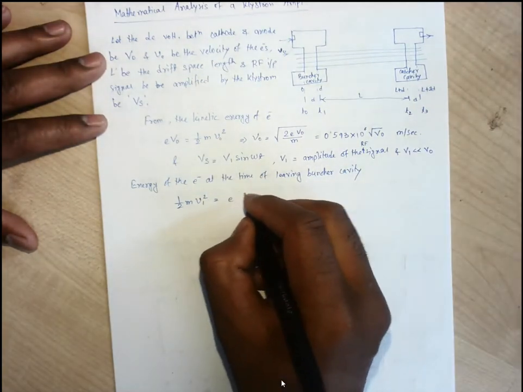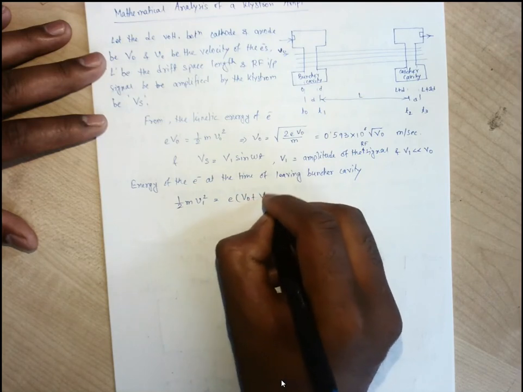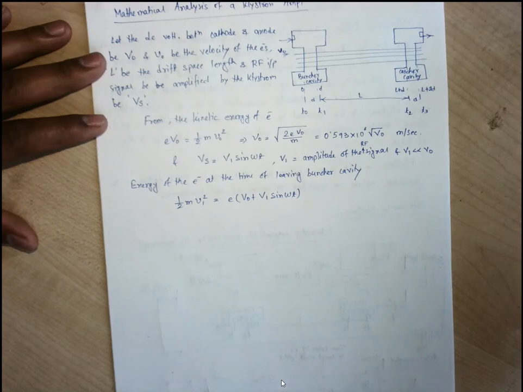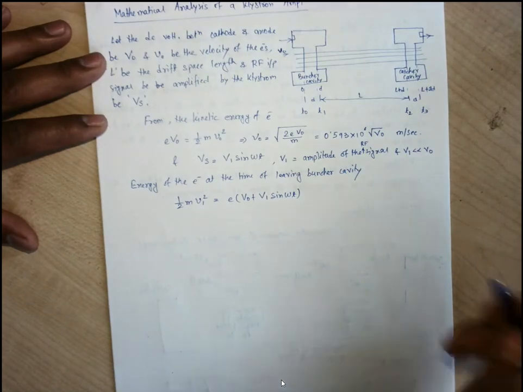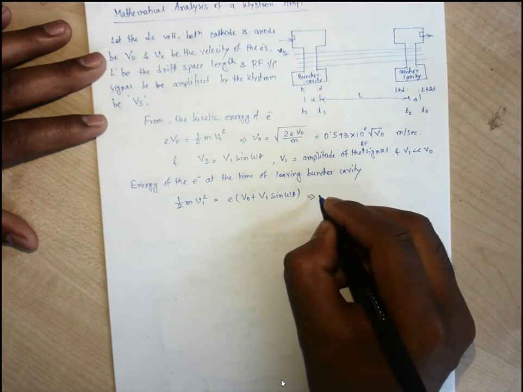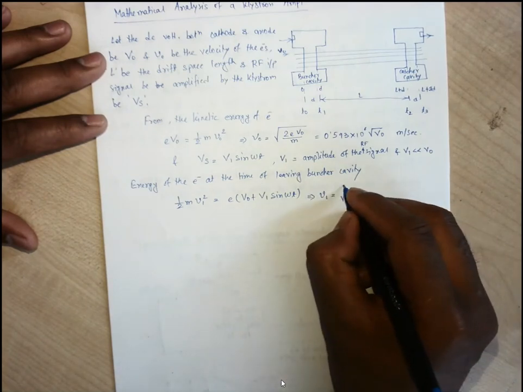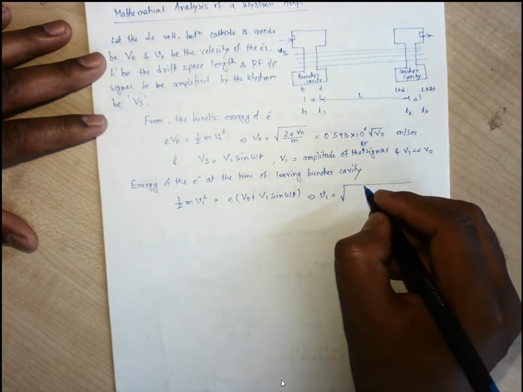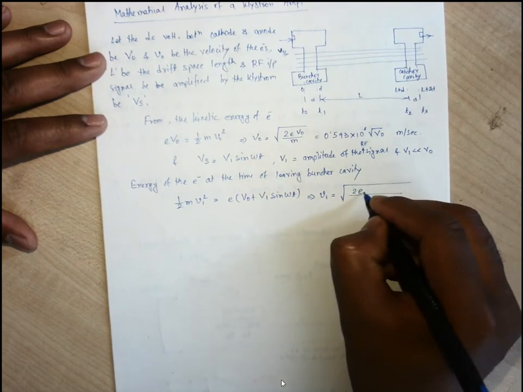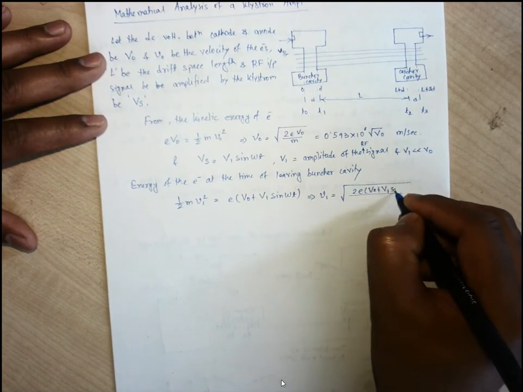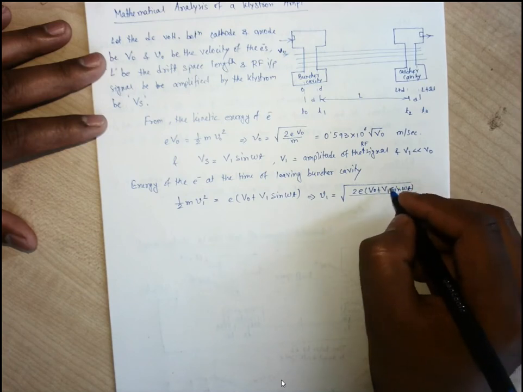So we will write V naught plus V1 sin omega t, because it has already interacted with the RF input. So from here we can find out this V1 is equal to root over of twice E V naught plus V1 sin omega t by m.